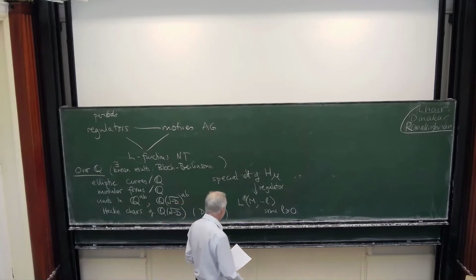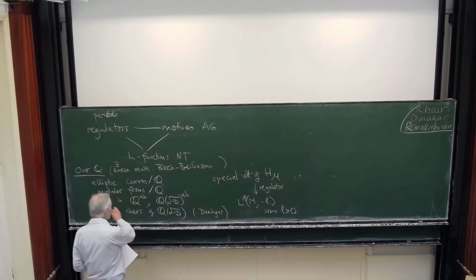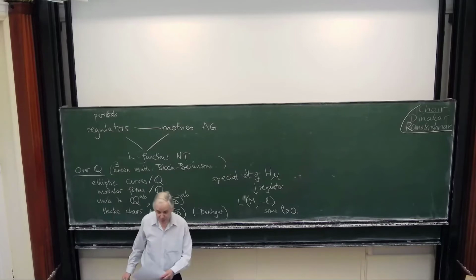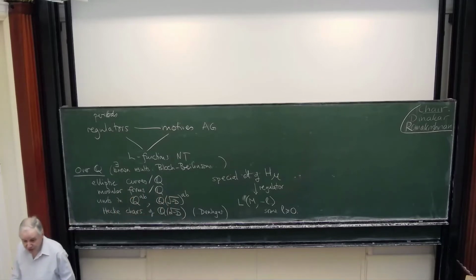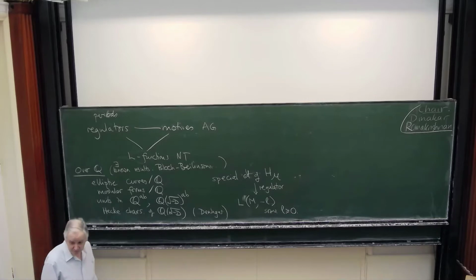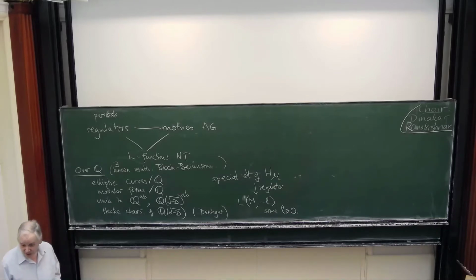All right, so for units, one's just looking at the derivative of some characters at s equals 0. It's the L-function of the modular form with the usual Hecke normalization.